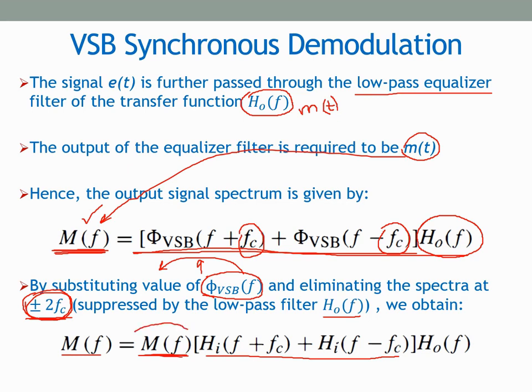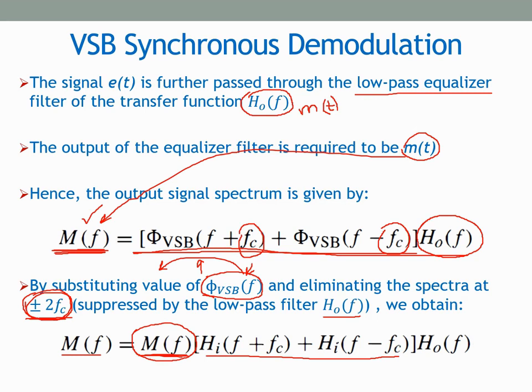The low frequency component, which is M(f), is left as it is. And then because we had Hi(f) in this, we have the Hi(f) component that is shifted to Hi(f plus fc) and Hi(f minus fc) due to multiplication at the receiver.